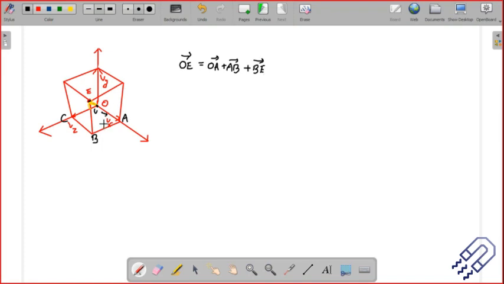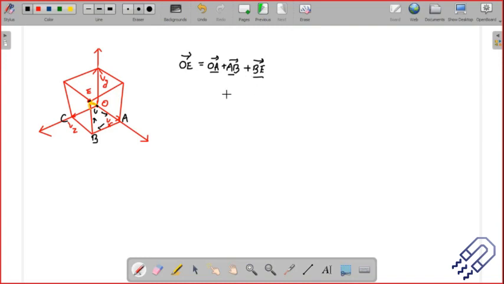Go from here to here, then from here to here, and then from here to here. So these three complete it. And if we break it up, we know that we get the components of the vector.